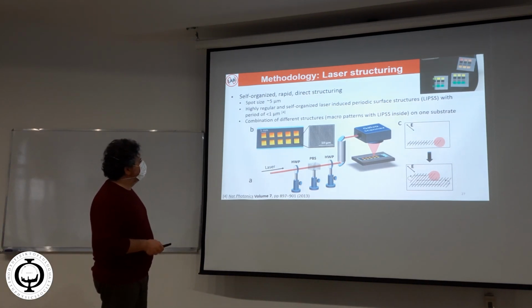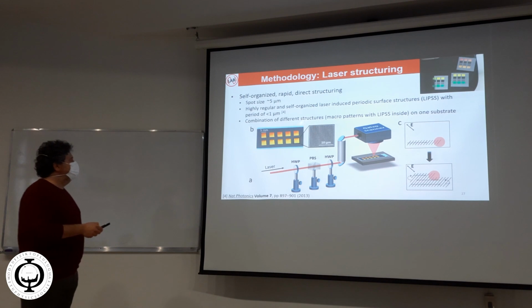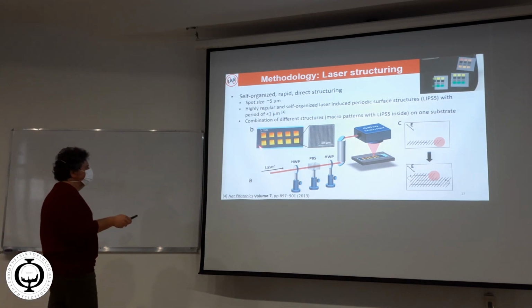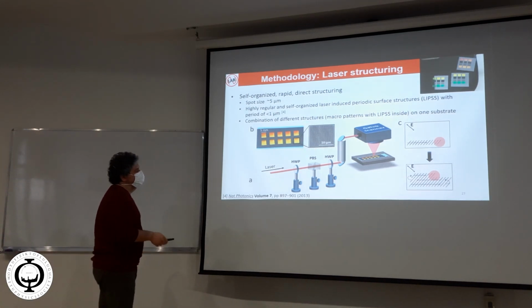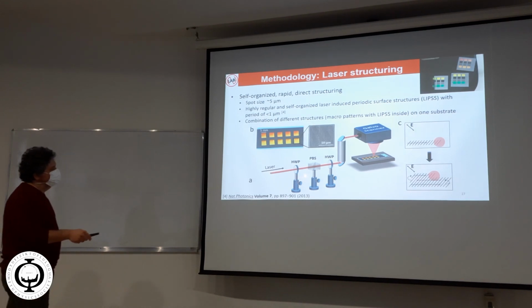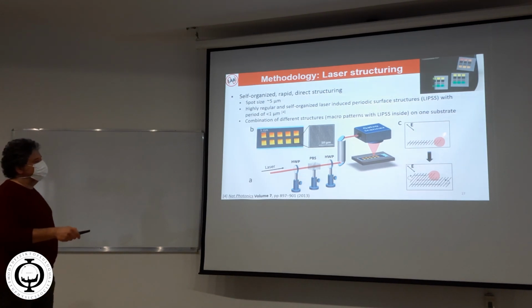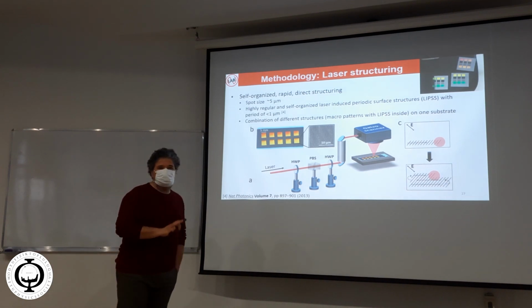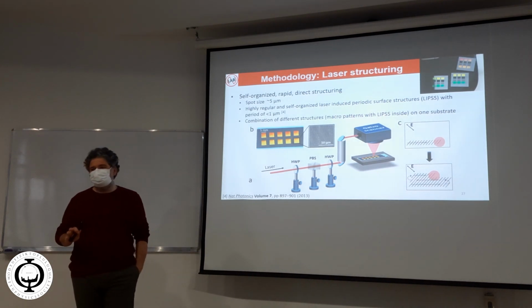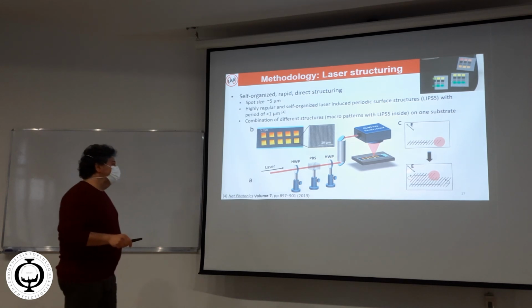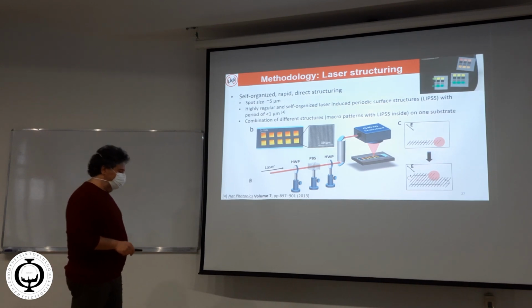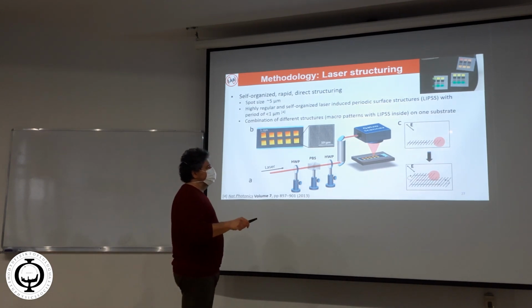So what you see is self-organized patterns forming on the surface of a solid material, such as a metal or semiconductor surface, which is simply induced by sending pulses at a certain particular parameter range. Now, what happens is that imagine this pink circle shows the focal spot size.